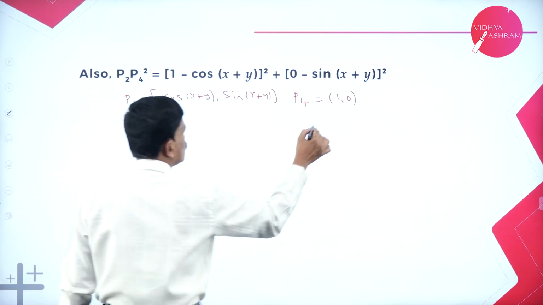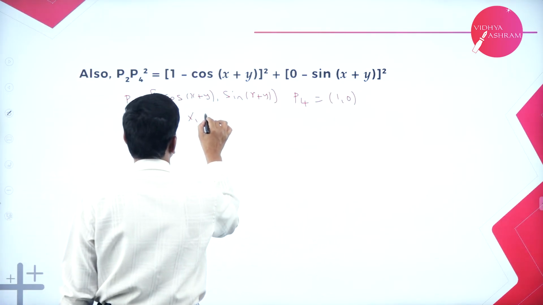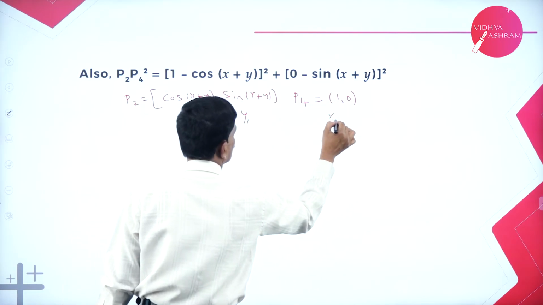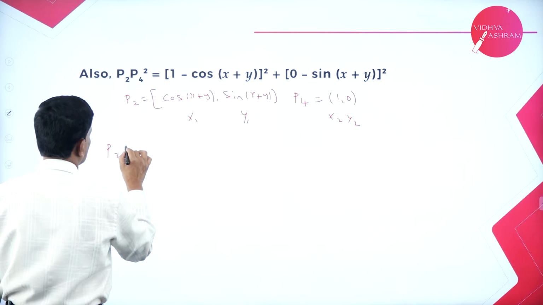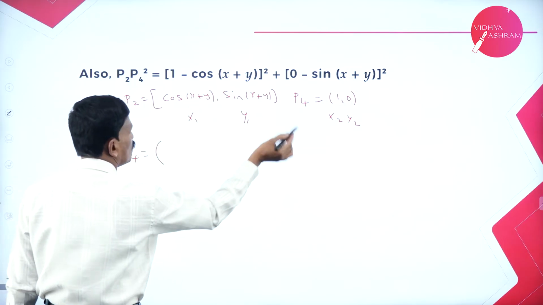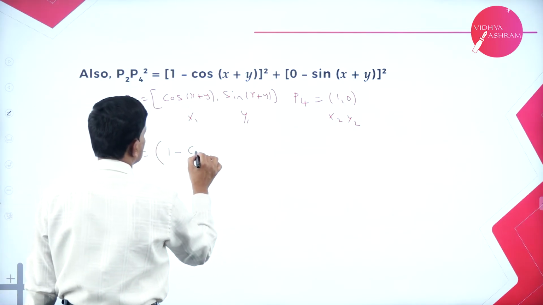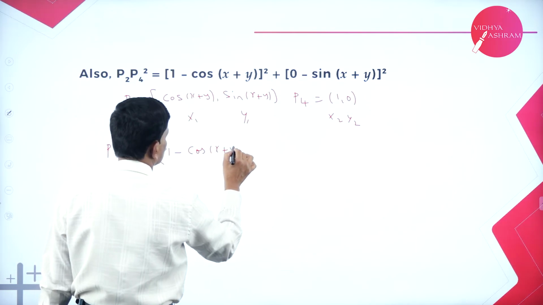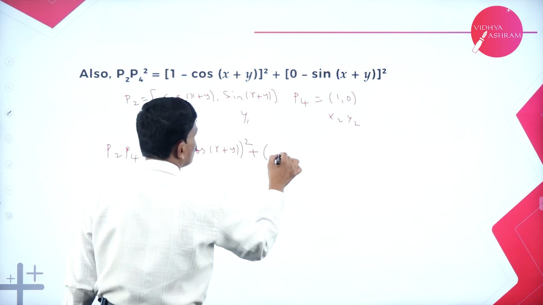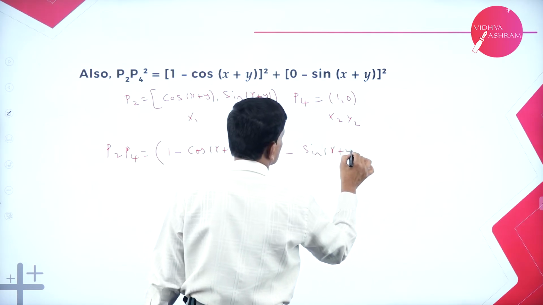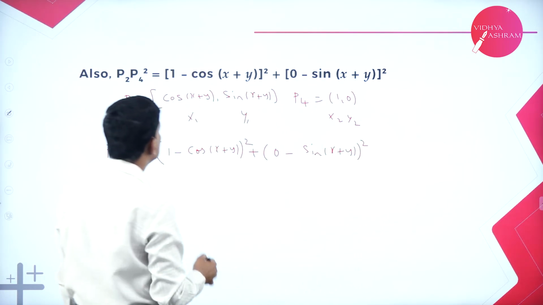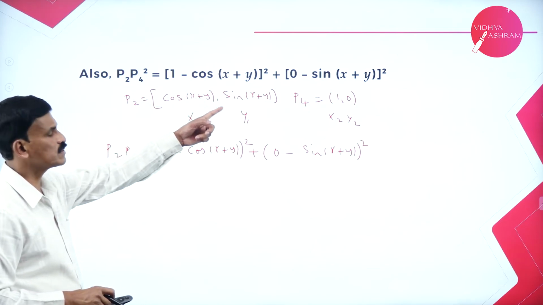Now consider this as x1, y1, x2, y2. The distance P2P4 can be written as the root of (x1 minus x2) squared, that is (1 minus cos(x plus y)) whole square plus (0 minus sin(x plus y)) whole square.